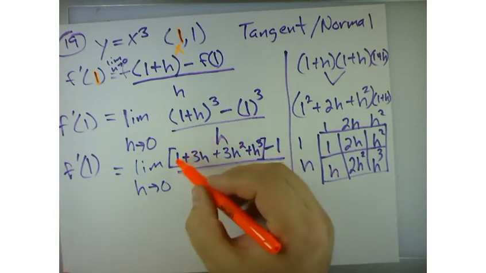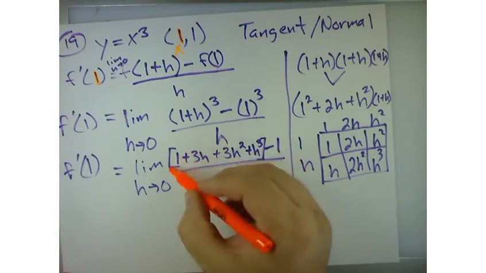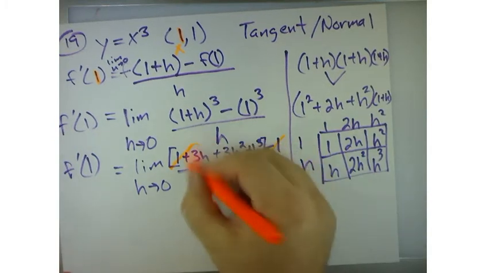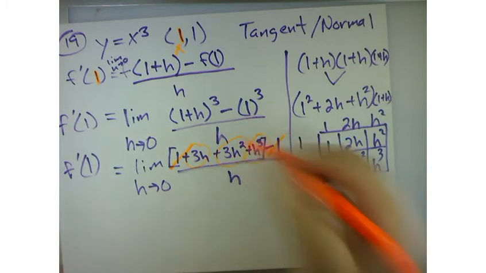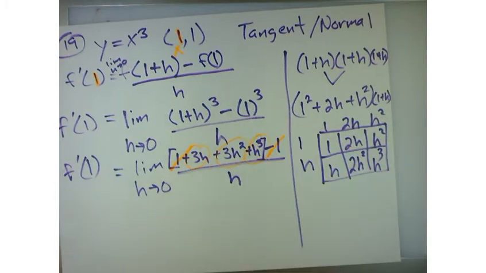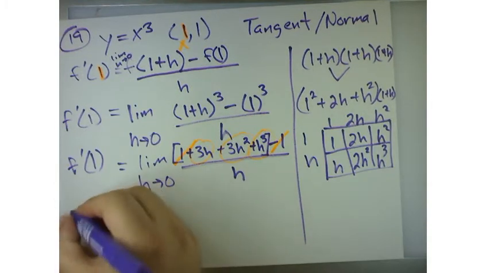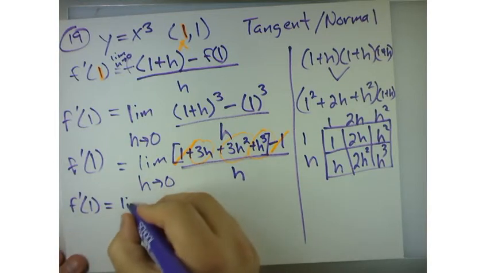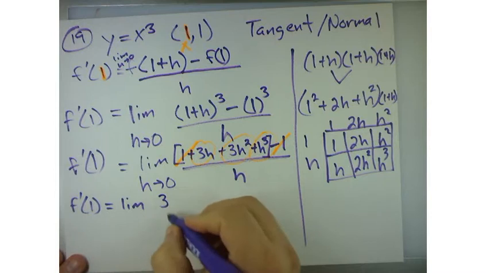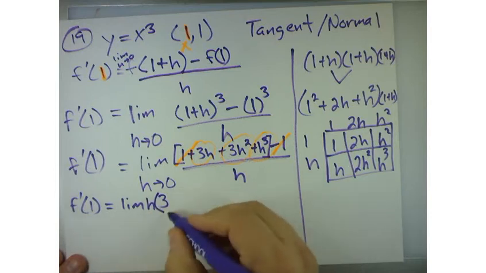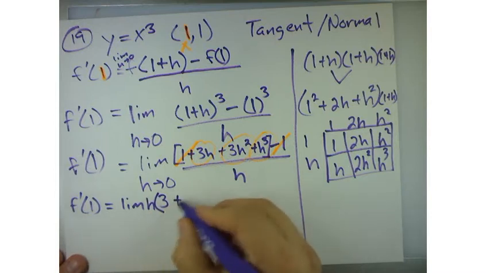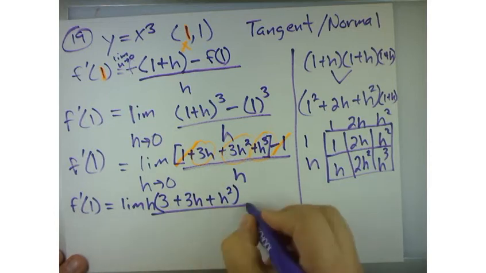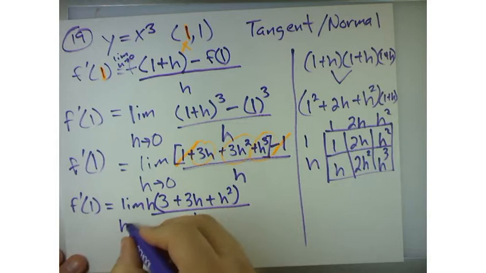Every term that doesn't have an h in it should cancel, and it does. 1 minus 1 is 0. And so this term has an h in it, this one has an h in it, and this one has an h in it. So I can factor out an h. So in the next step, I'll say f prime evaluated at 1 is equal to the limit of, let's pull the h out, h times 3 plus 3h plus h squared, all over h as h approaches 0.